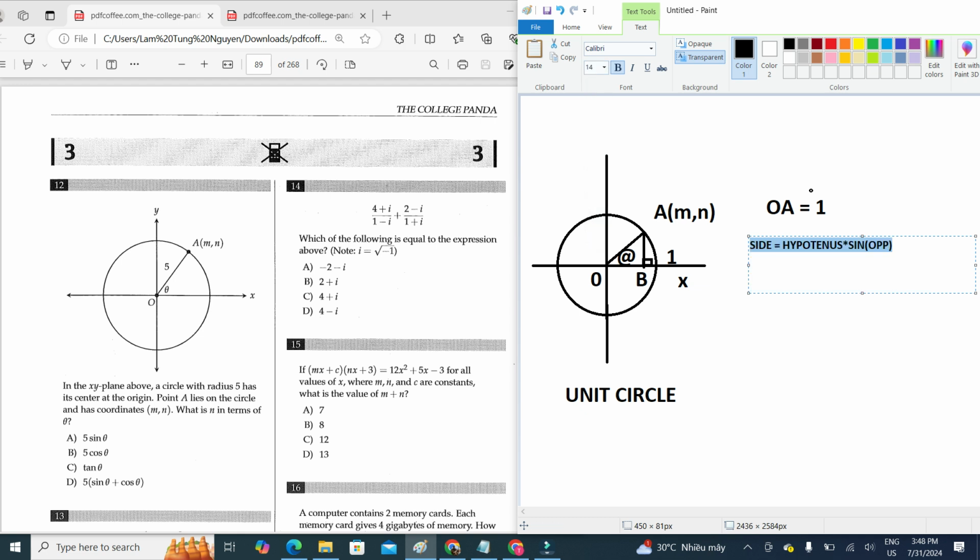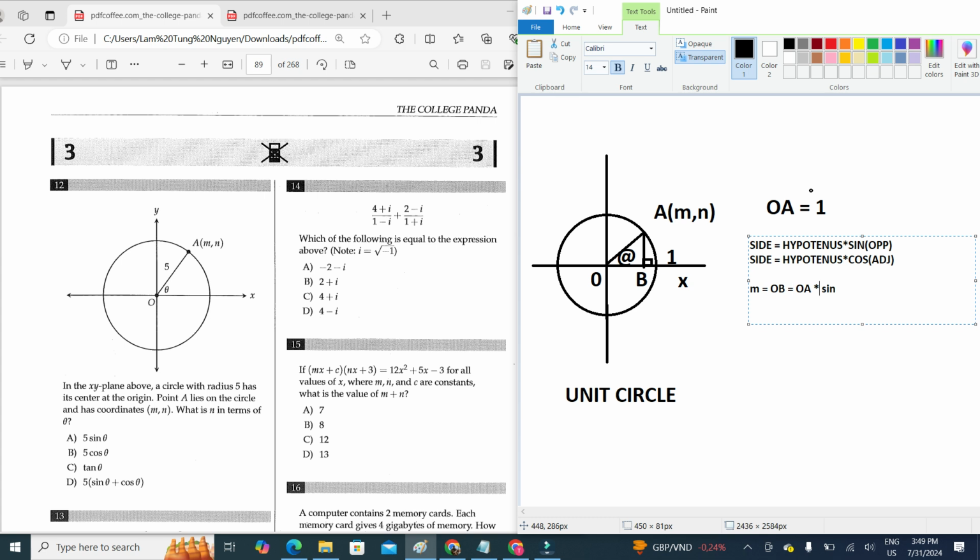And we also know that the side is going to be the hypotenuse times the cosine of the adjacent angle. So in this case, we can see that the side m is going to be equal to the hypotenuse, which is OA, times cosine, because m is just OB, right? m is just OB.